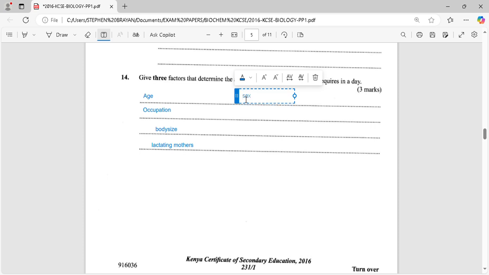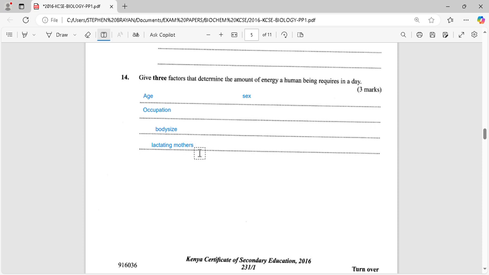When we talk about age, younger people require more energy than older people because their cells are actively dividing. When you go to occupation, manual laborers require more energy as compared to office workers. Body size, the smaller the surface area to volume ratio. A small person has a very small volume but a larger surface area, so that person requires a lot of energy.